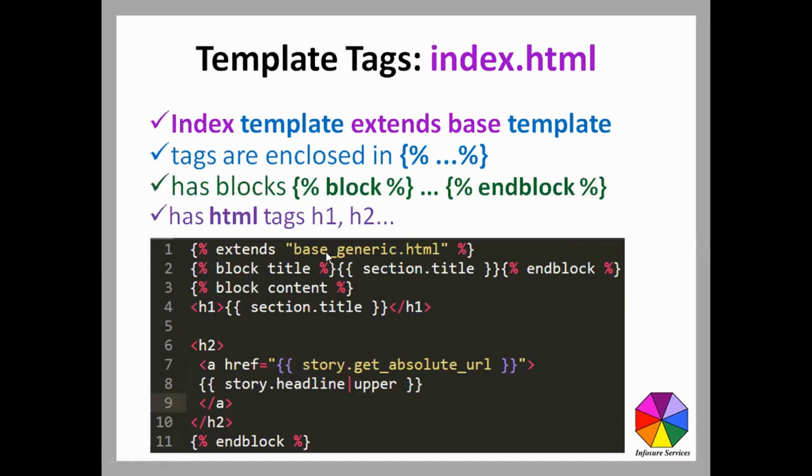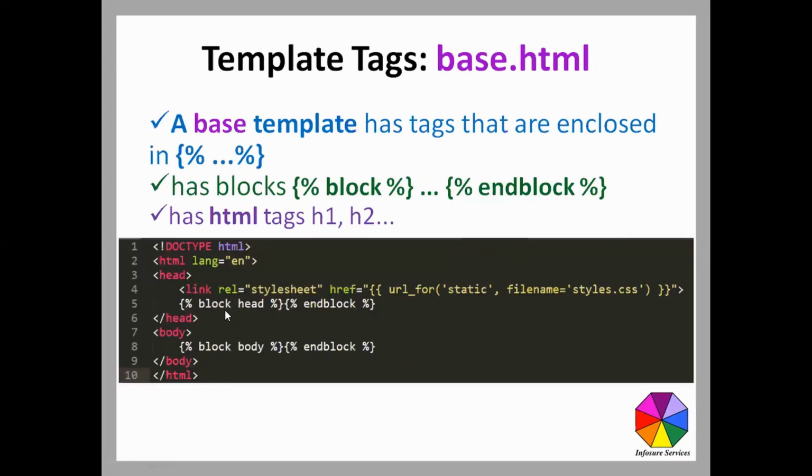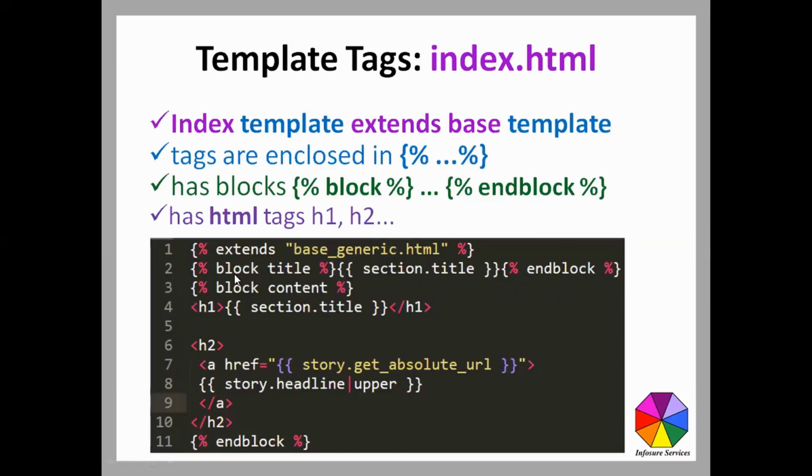Here it extends base.html. This specific base was called base generic, but that's just a name. All you do is extend the base or first common HTML, and then use whatever blocks you defined inside it, like block title or block head and block body. Here it uses block title and block content.